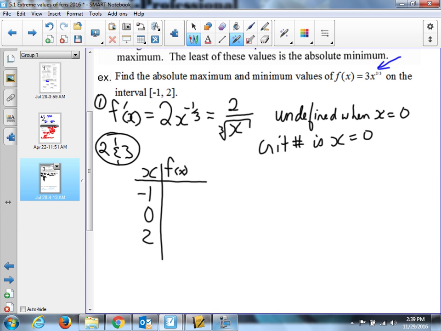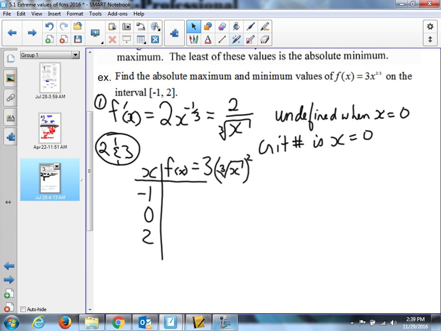Now, maybe I'll just write this beside here so you can think it through. 3 cube root of x squared. This might help you. That's what the 2/3 means. Sometimes that helps you evaluate things easier, right?